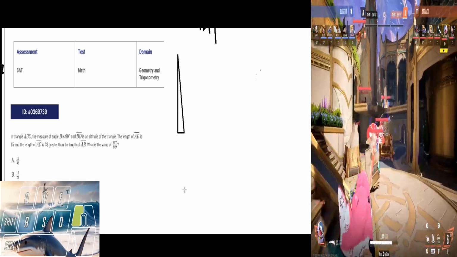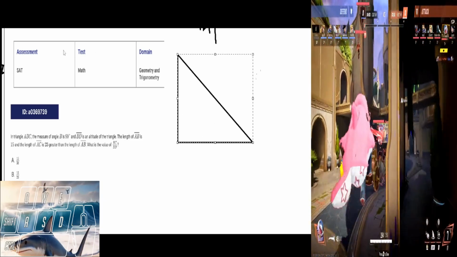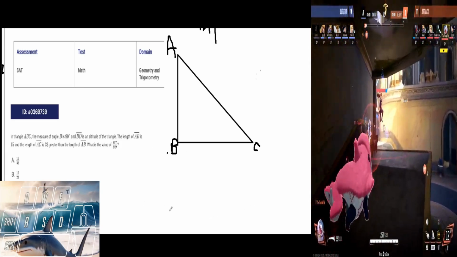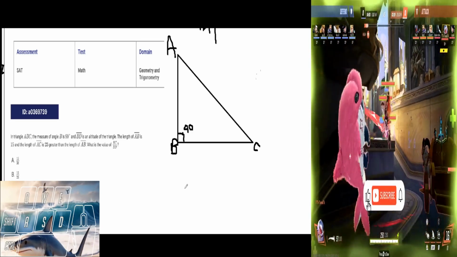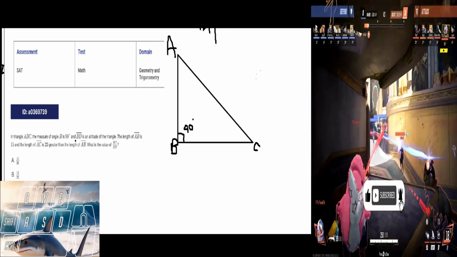The question states, in triangle ABC, the measure of angle B is 90, and BD is an altitude of the triangle.